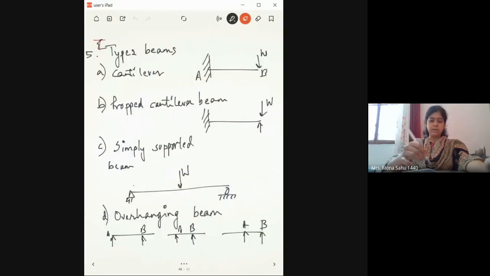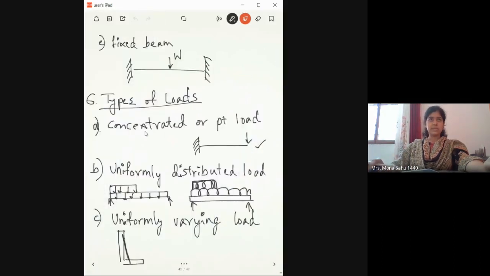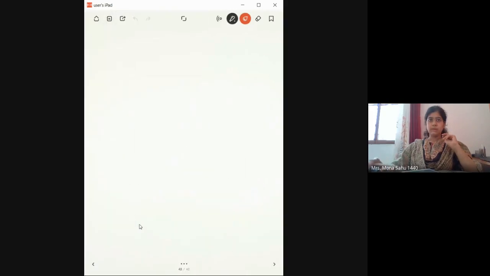Types of beams: cantilever, propped cantilever, simply supported, overhanging, fixed. Then types of loads: concentrated load, uniformly distributed load, uniformly varying load. Are you guys clear till here? Any doubts? Clear?